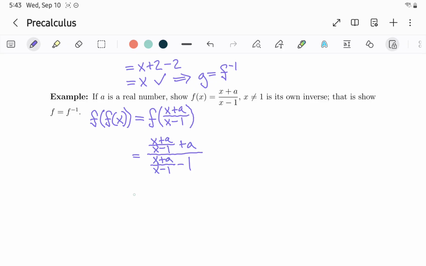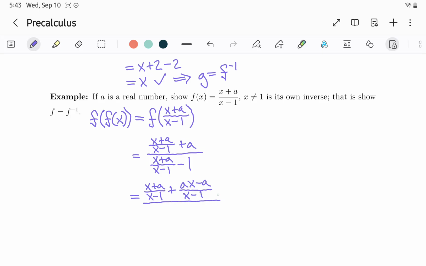And so doing that, we are going to end up with x plus a over x minus 1, and then plus, so we will have a times x minus 1, so distributing a over x minus 1, we have a times x minus a. And then in the denominator here, we are going to have over x minus 1.